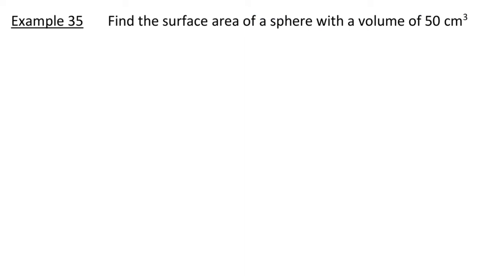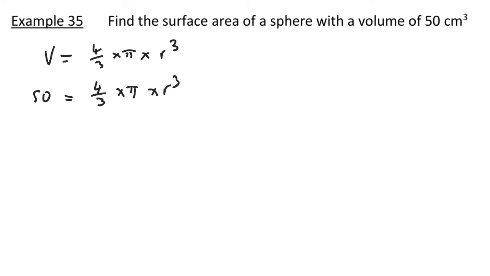Example 35, find the surface area of a sphere with a volume of 50. So what we know about the volume of a sphere is it's 4/3 times pi times r cubed. We're told the volume is 50, so we can work out the radius. If we divide both sides by 4/3 pi, we'll get 9.549 is equal to r cubed.